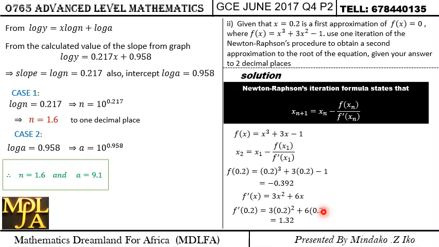At the end of the day, my f prime of 0.2 gives me 1.32. So I've obtained my f of x1, and the derivative of my x1.